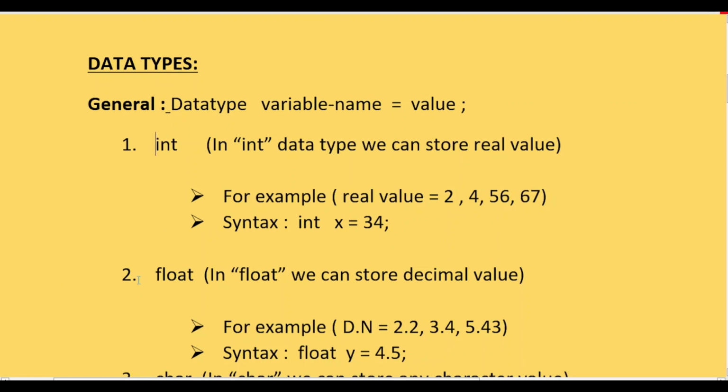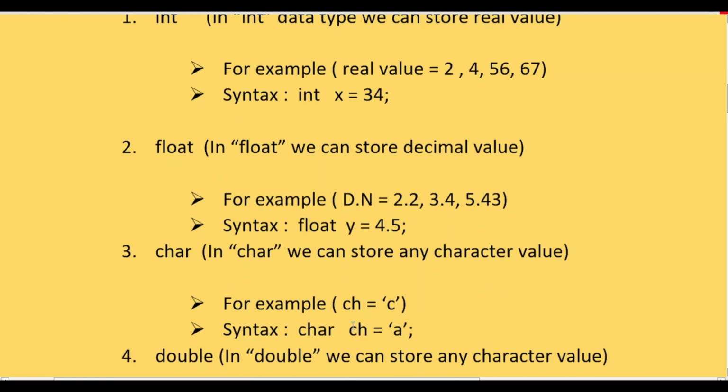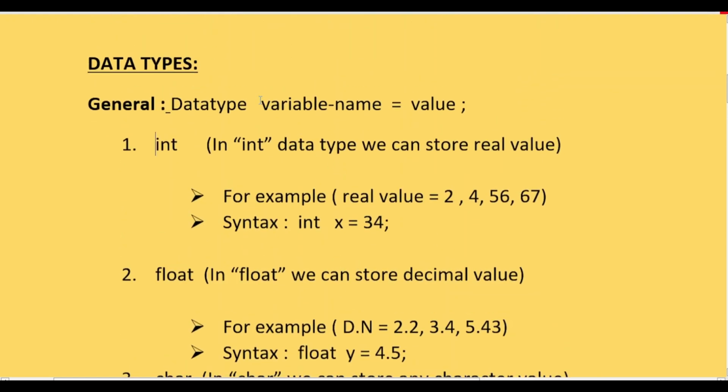Now we will move towards the float value. Float data type. In float we can store decimal values. For example, we can store a decimal number in float, and obviously this is stored in some variable name. In the previous video we have discussed variable names.